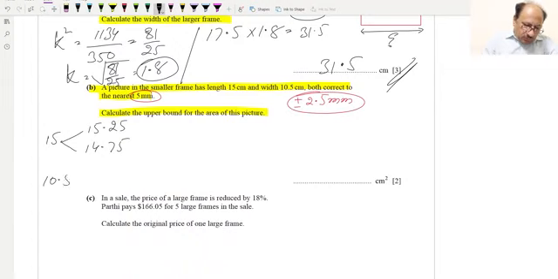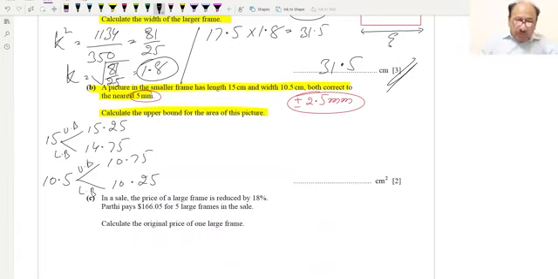Similarly, we can check for the 10.5 also, upper bound and lower bound. The upper bound will be 10.75 and the lower bound will be 10.25. Now this is the upper bound, this is the lower bound. The question is to calculate the upper bound of the area.